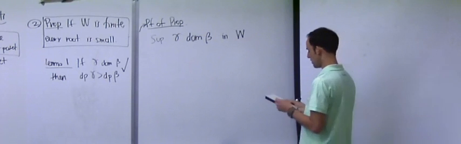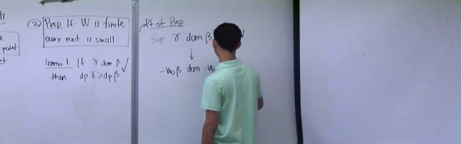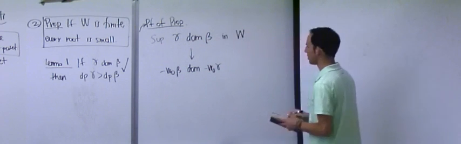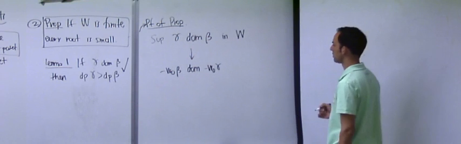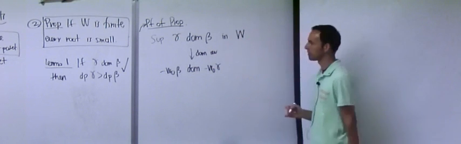Well, that means that minus W naught beta dominates minus W naught gamma. Okay? Because of domination reversal.